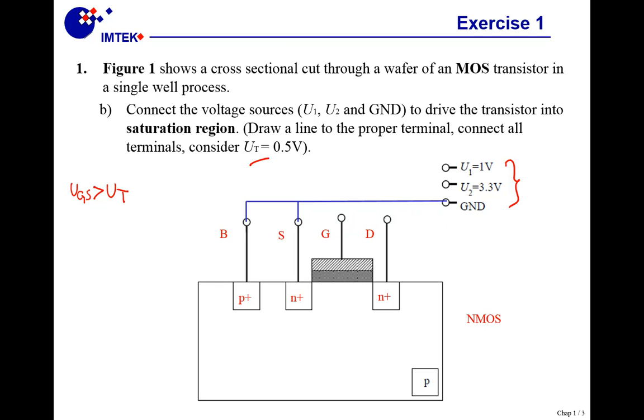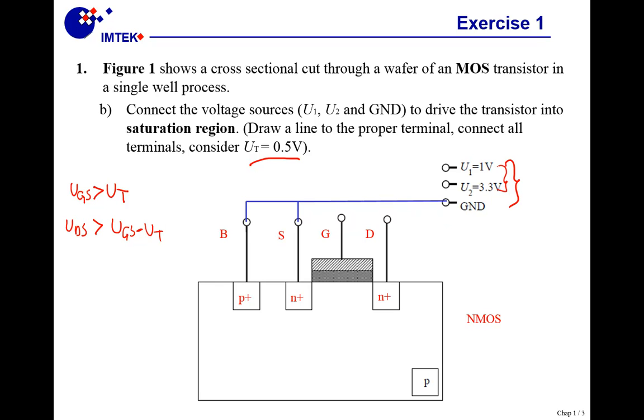We know our UT is 0.5 volts, so I think either of these two voltages is suited for the gate, since my source is now grounded. The next condition, in order to be in saturation, is that UDS has to be larger than UGS minus UT.